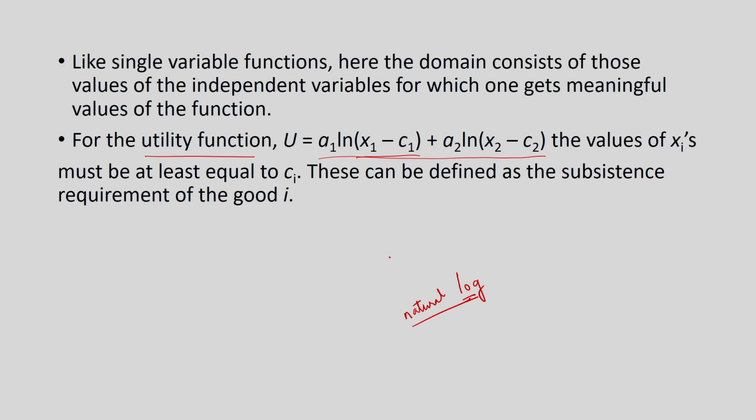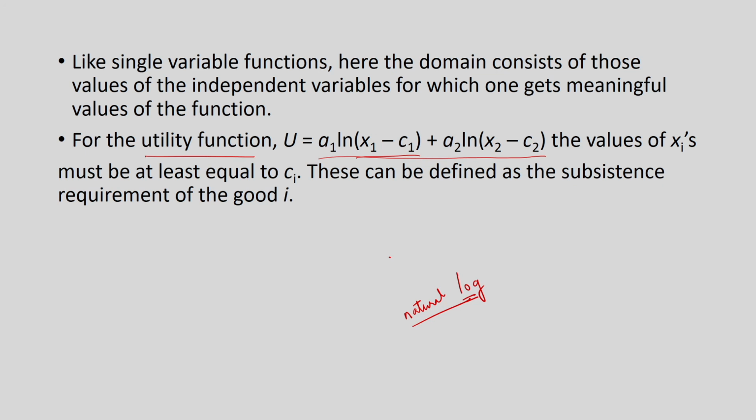At the most ci can be equal to xi, which will give us a 0 value. Log of 0 is also somewhat problematic, but obviously ci cannot be more than xi. So, therefore, this function is defined only if xi is greater than ci, or at the minimum xi can be equal to ci.